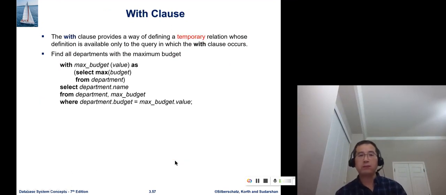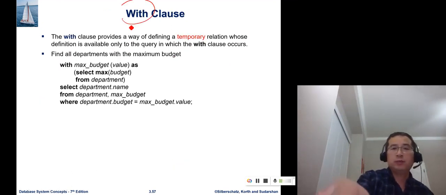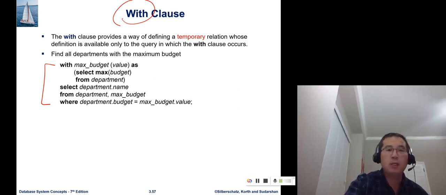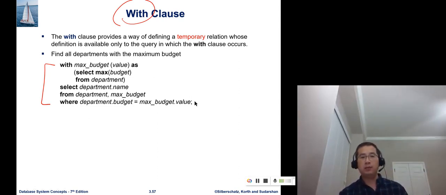So we use the with clause. This provides a way of defining a temporary relation whose definition is available only to the query. After the query is done, this will be destroyed. That means its lifespan is only within this query.